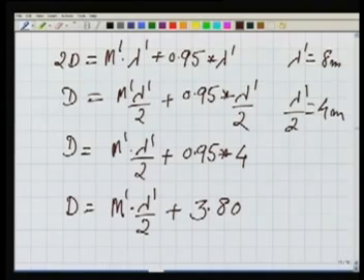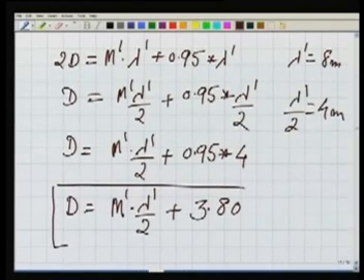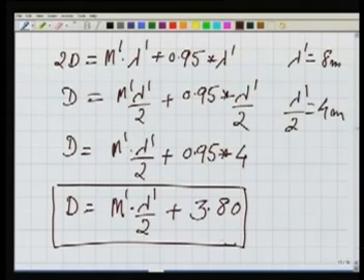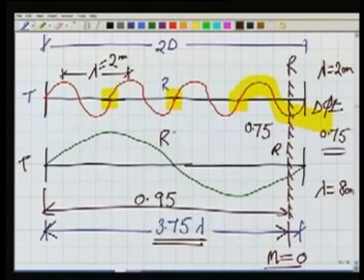Now, this is the important point here. Let us look at that. Now, here in this figure, we started with a lambda of 2 meter, as you can see here. Then I took a lambda which was 4 times that one.